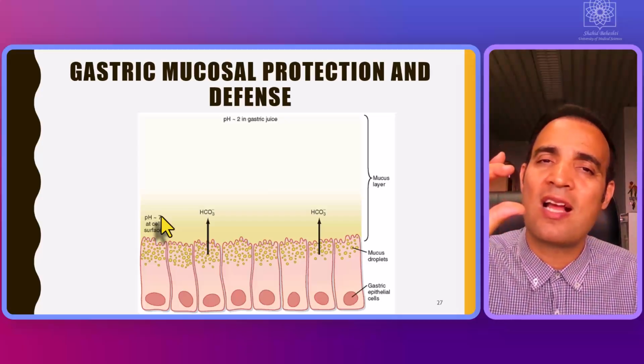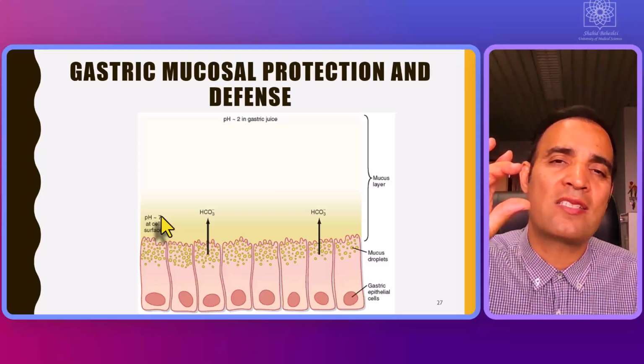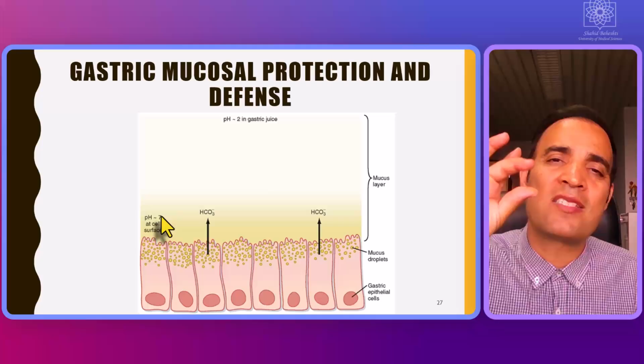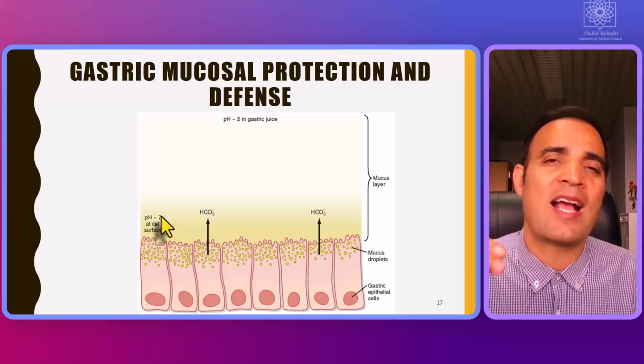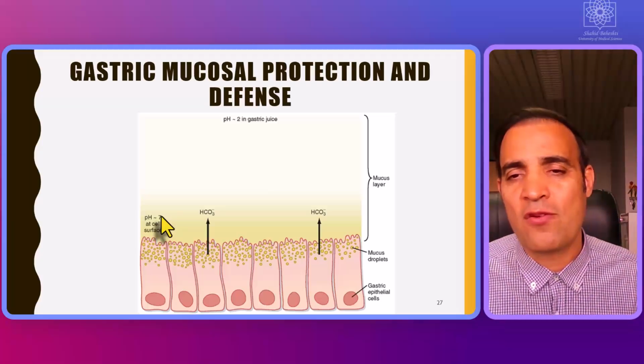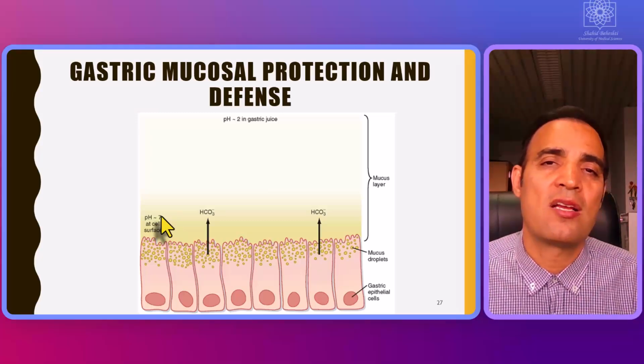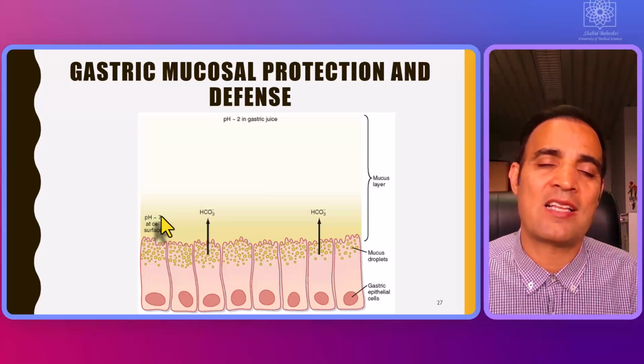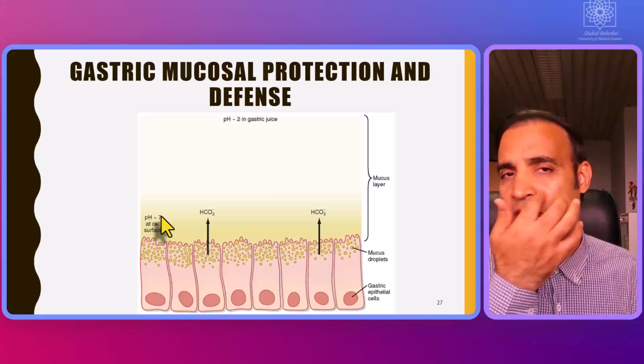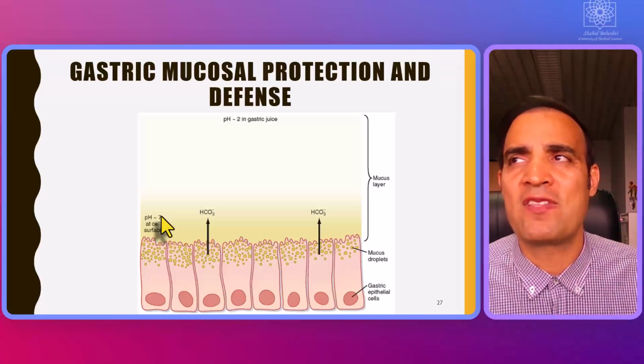When the mucous layer is decreasing, the acid has a chance to reach the mucous layer cells and cause injuries. Lots of people have this problem.